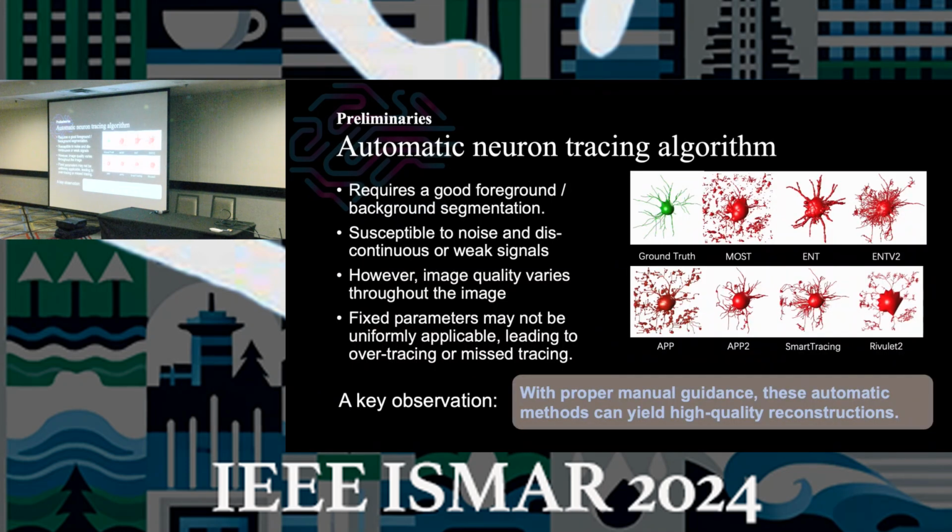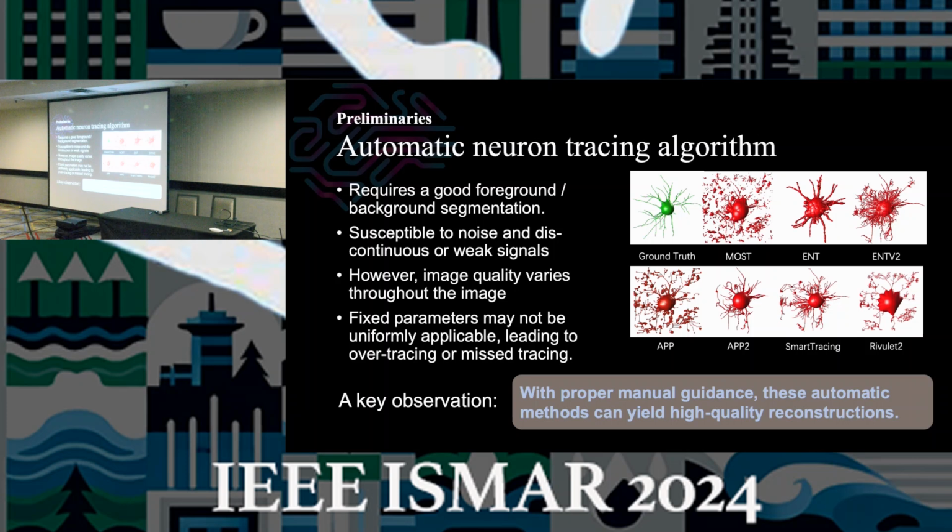Automatic neuron tracing algorithms are useful, but far from perfect. There is no universal tracing algorithm that works perfectly across different image types, modalities, or species. Each method has its limitation, whether it's noise, weak signal, or image quality variations.